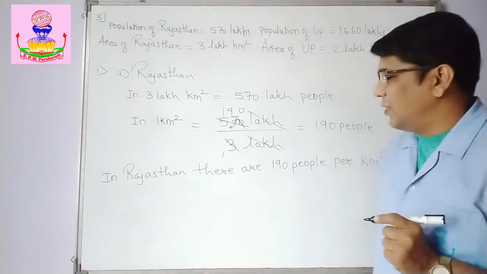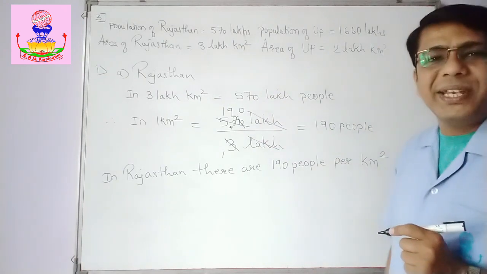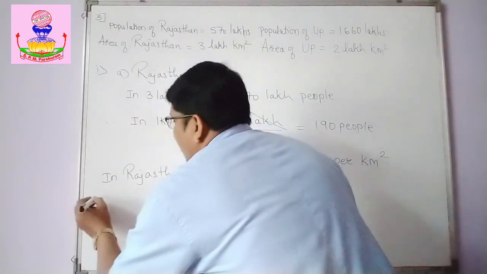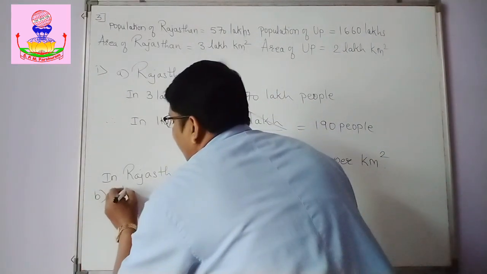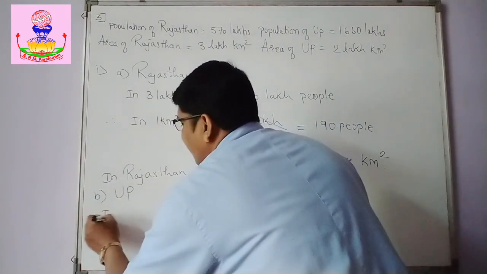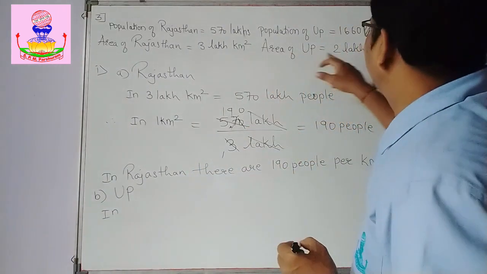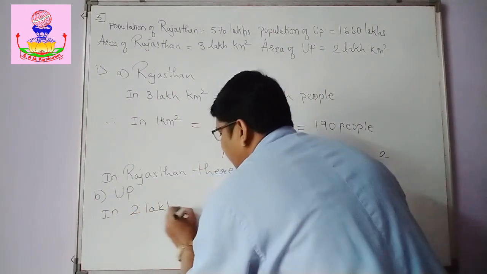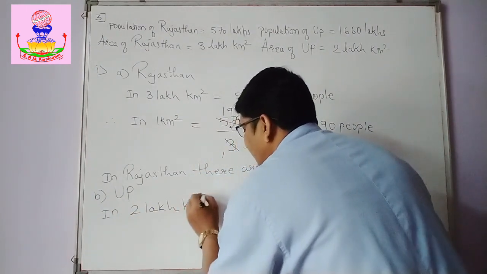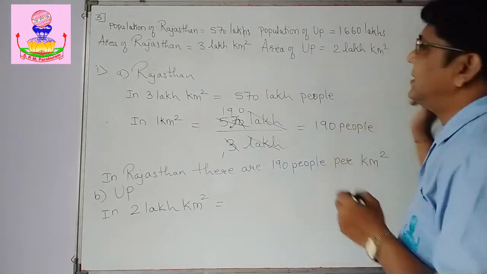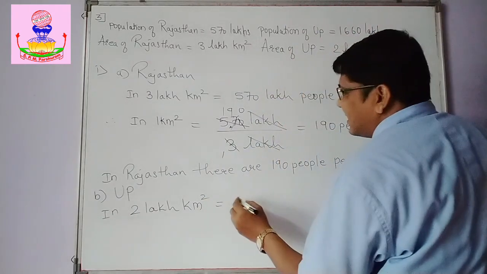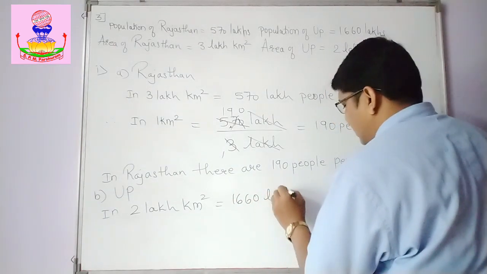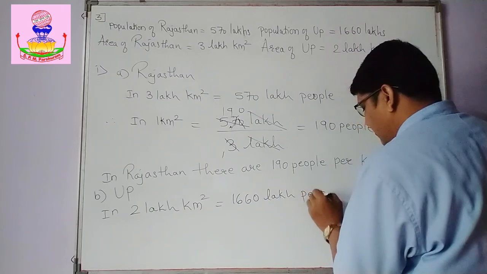Okay. Now we can find for UP, that is Uttar Pradesh. So B part, Uttar Pradesh. In 2 lakh kilometers square, how many people are there? 1660 lakh people.